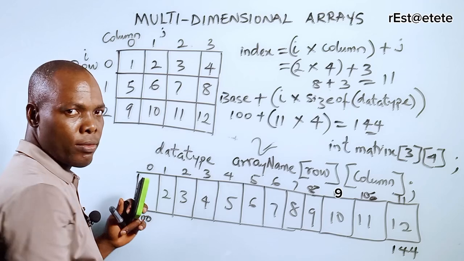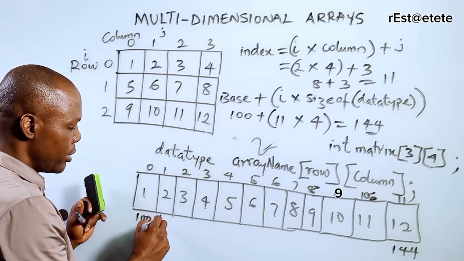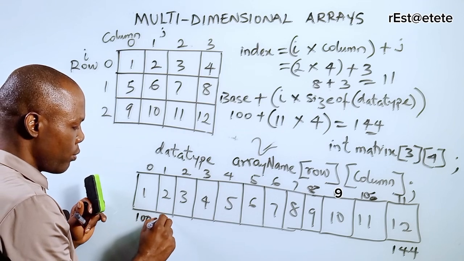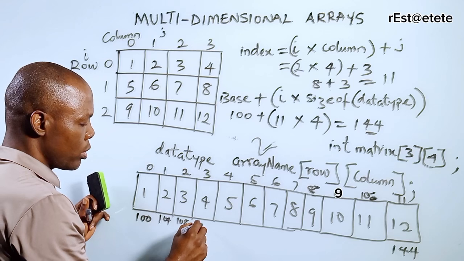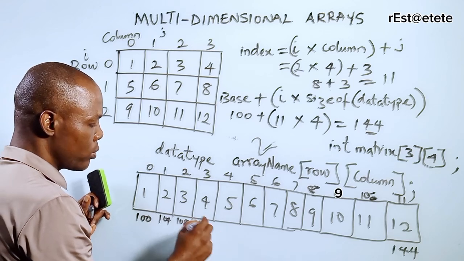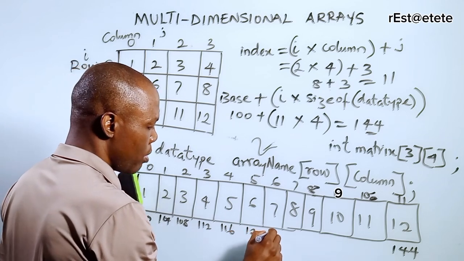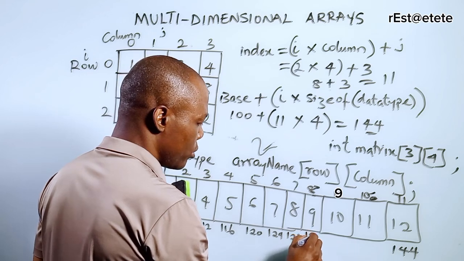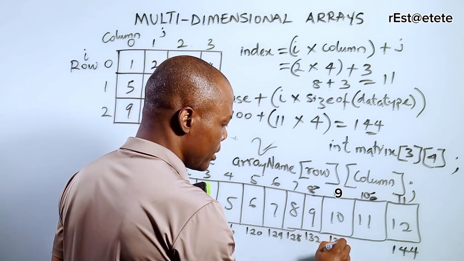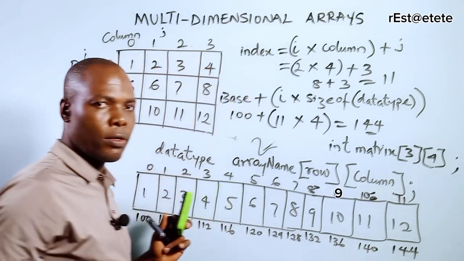You can now do this to see if you are going to get 144. If this is 100, this place will be what? 104. This place will be what? 108. This will be what? 112, 116, 120, 124, 128, 132, 136, 140, 144.